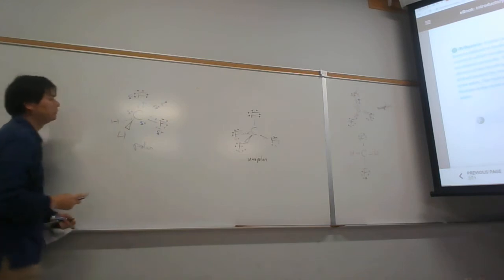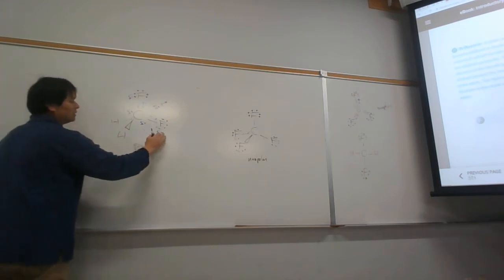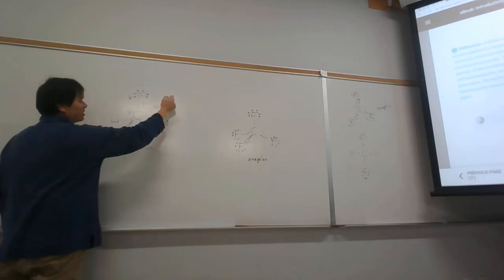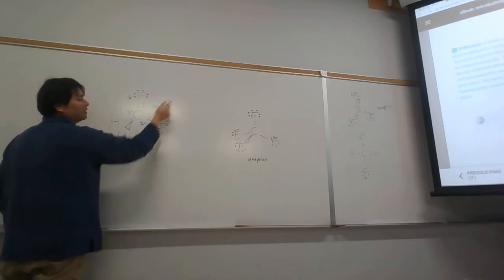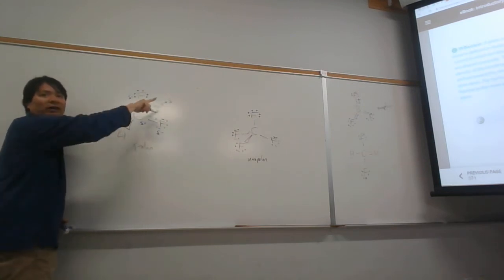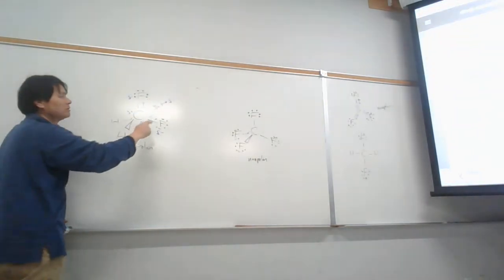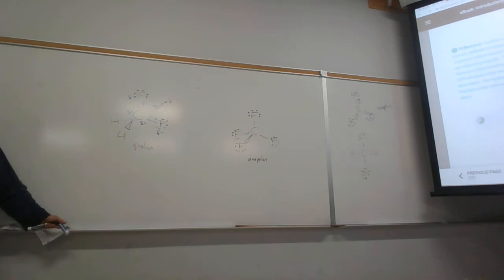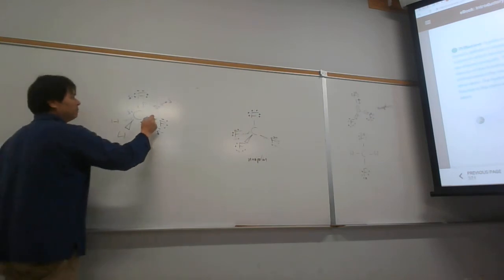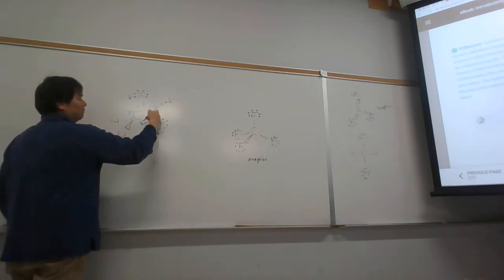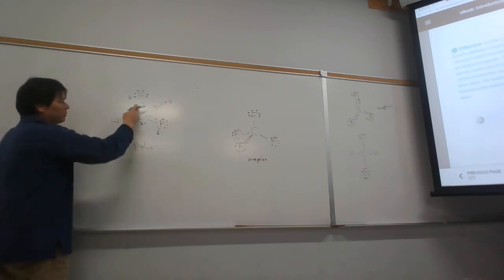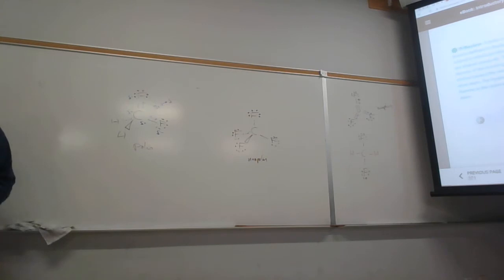But if I take this delta minus and this delta minus and average it, the average would be in the center here, pointed out that way. And so this would be the average of all the charges, and this would be what we call the molecular dipole. So the purple is the molecular dipole, and the blue are the bond dipoles. The dipoles are the individual bonds.